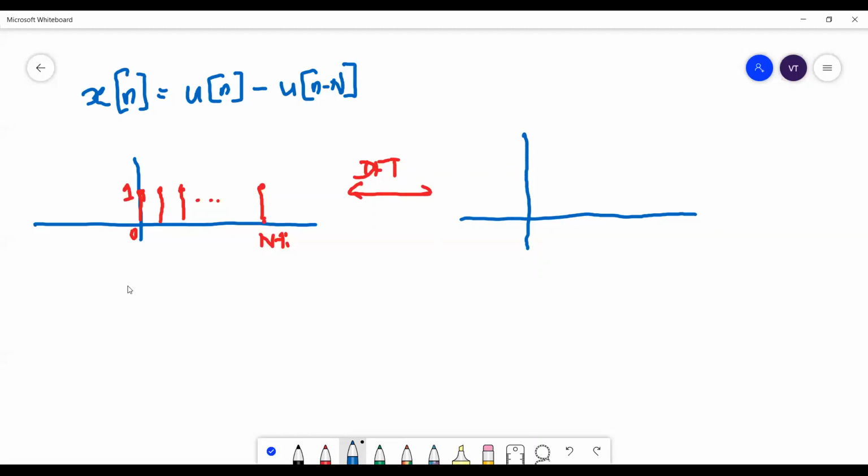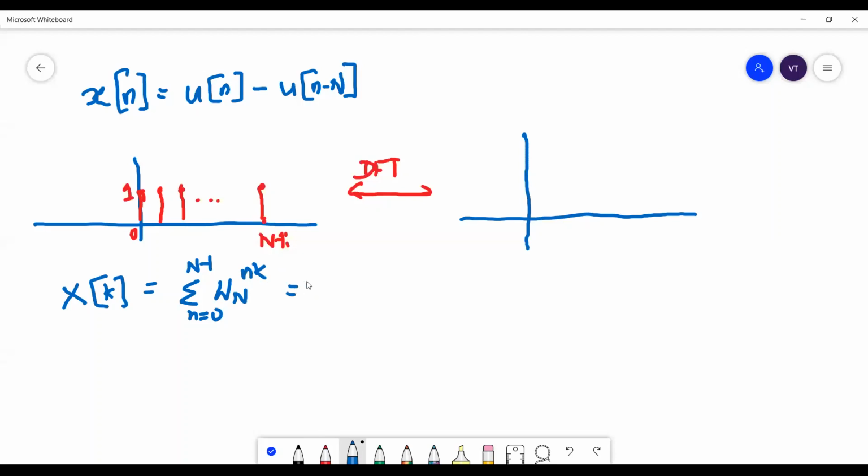Okay, for that let us write down the expression. X of k would be equal to the sum from n equal to 0 to N minus 1. x of n is 1 every time, so I can just write 1 times W raised to nk. So this would be just W raised to nk.